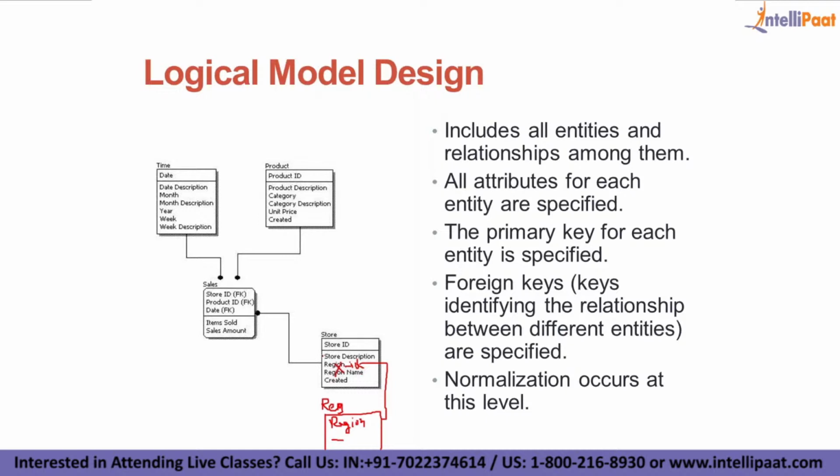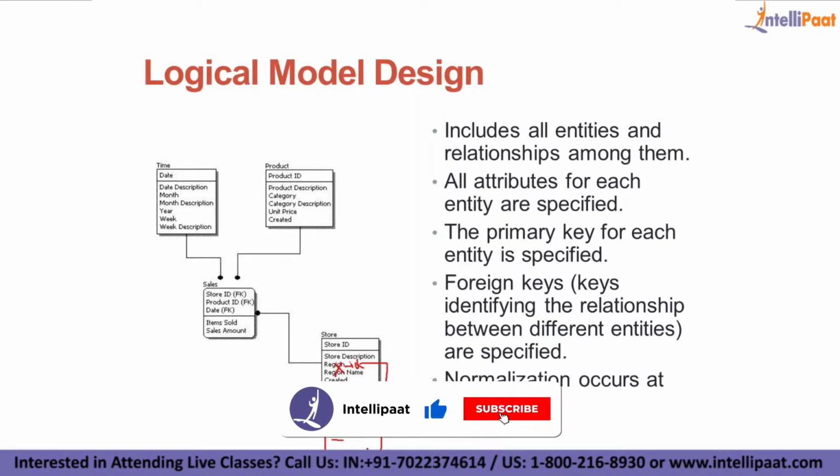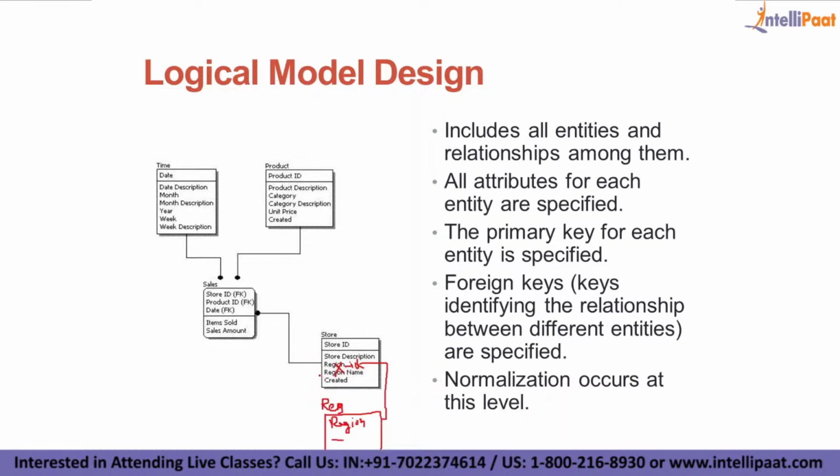So a single dimension table is again split into another dimension table to avoid data redundancy. How will we avoid the data redundancy? If I have a particular store in different regions, and in a single region I have multiple stores, say 100 stores in a single region, then the region name will be repeated 100 times.